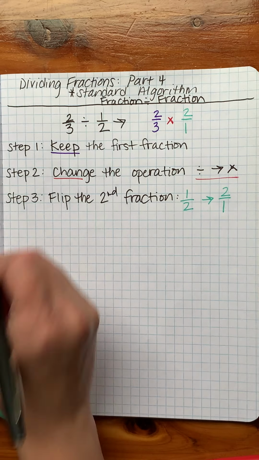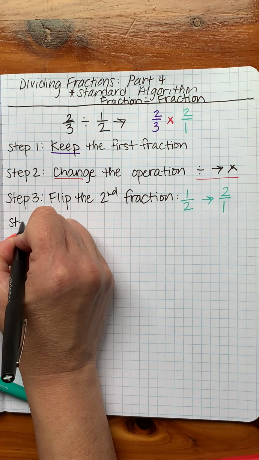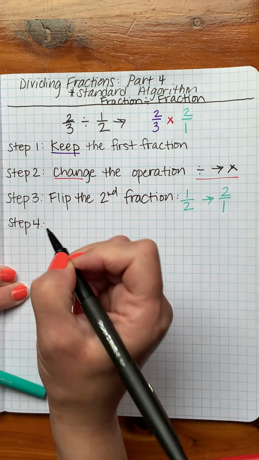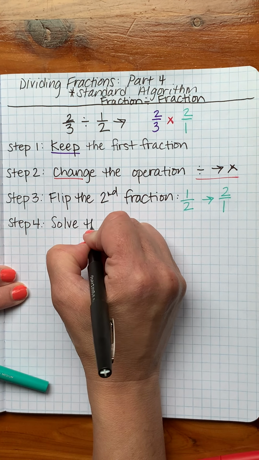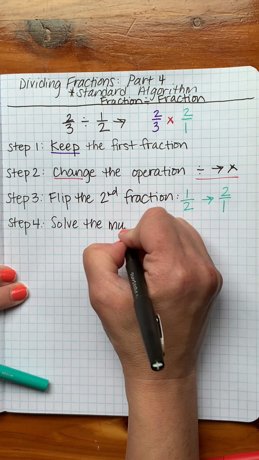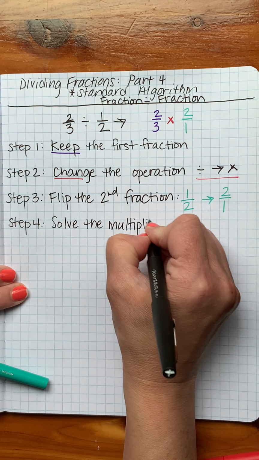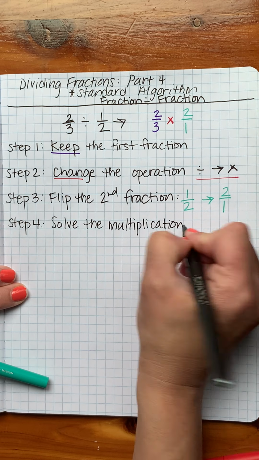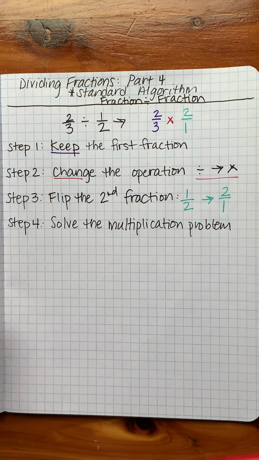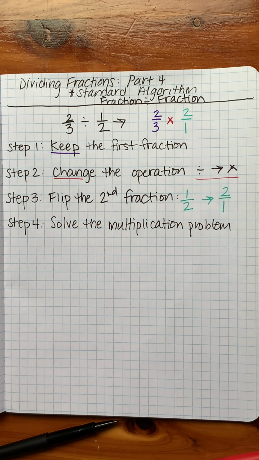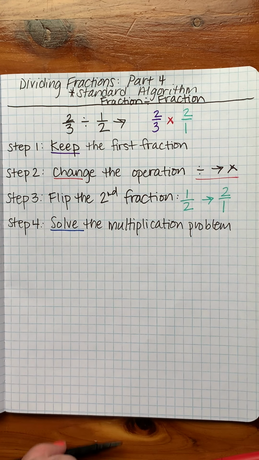And step 4, solve the multiplication problem. I'm going to do that in dark blue. And so now I'm going to solve.